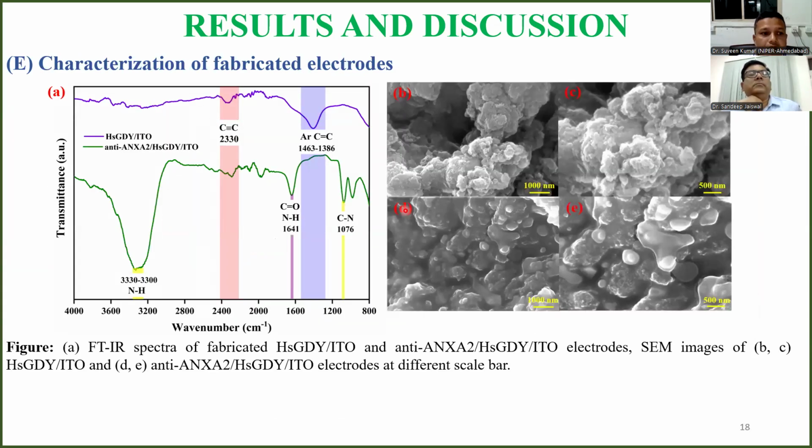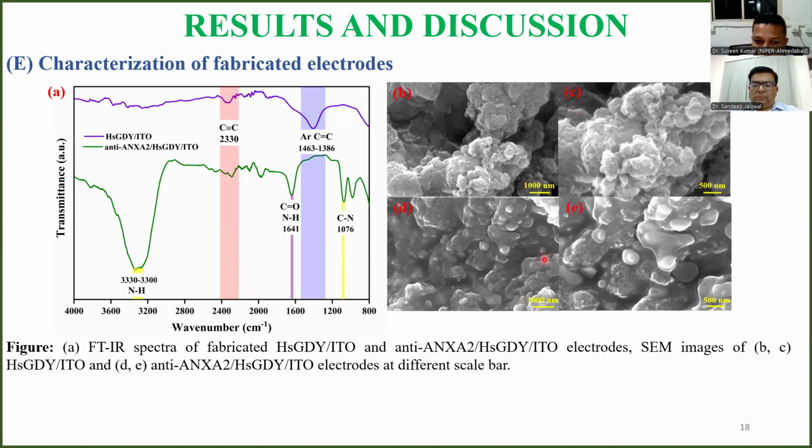After the synthesis of this material, it was electrophoretically deposited on an indium tin oxide coated glass electrode. We have done FTIR studies before immobilization of antibody and after immobilization of the antigen, annexin A2 biomarkers. We got some specific peaks at 1076 and between 3300 and 3330.